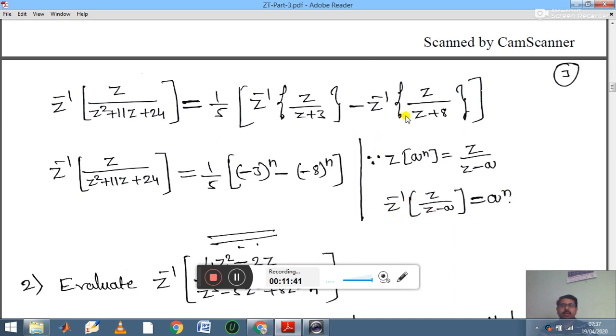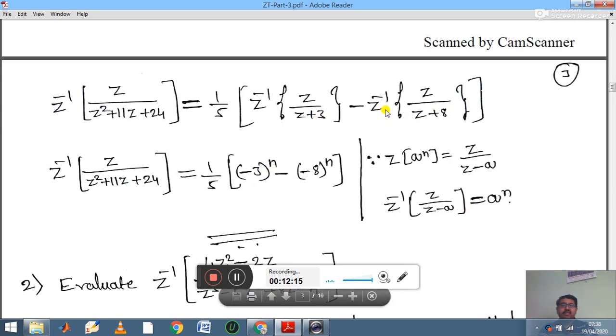In the same way, for the second term, z inverse of z by z plus 8, you can rewrite this term as z by z minus of minus 8. Therefore the a value is minus 8, so you get minus 8 power n. So the inverse z transform of z by z minus of minus 3 is minus 3 power n, using this formula.